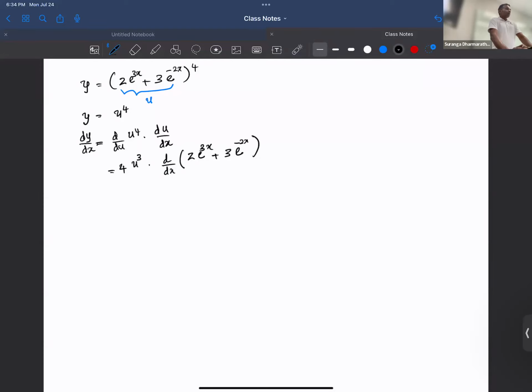Okay. Now you can use the rules. We know this is 4u cubed, 2 times d over dx of e to the power 3x plus 3 times d over dx of e to the power negative 2x.